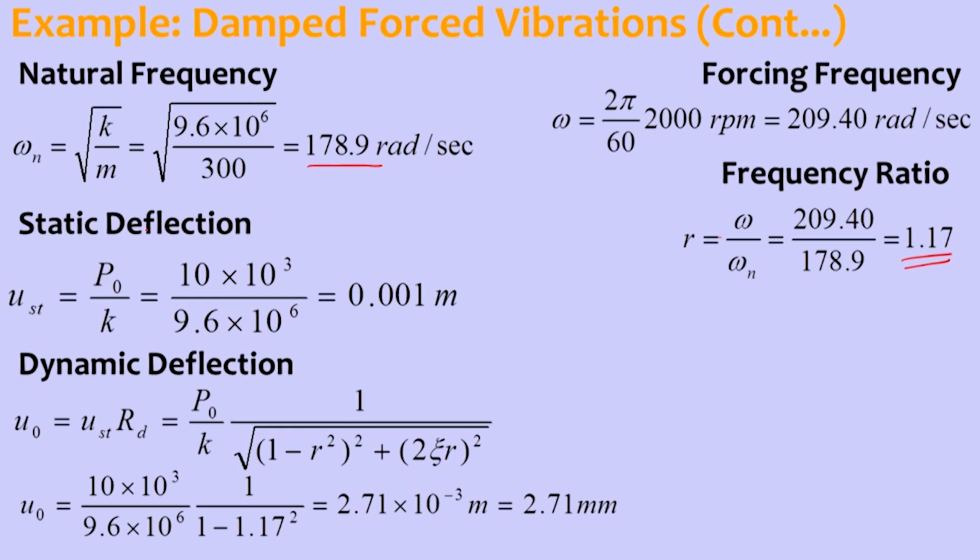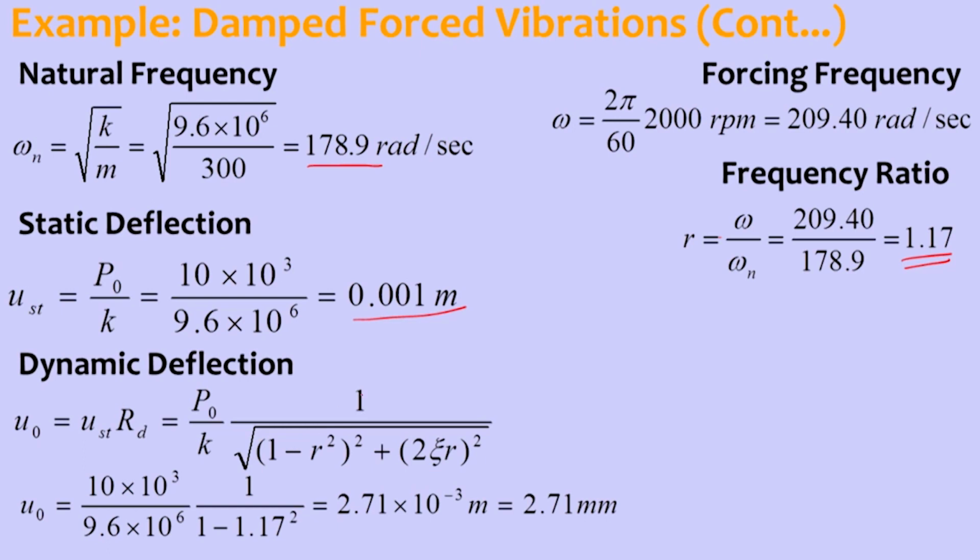Now if we find the static deflection, which is P naught by k, that is equal to 10 into 10 to the power of 3 divided by 9.6 into 10 to the power of 6, which gives us 0.001 meter, which is 1 millimeter. Then the dynamic deflection u is equal to u_st, the static deflection component, multiplied by the dynamic amplification factor.